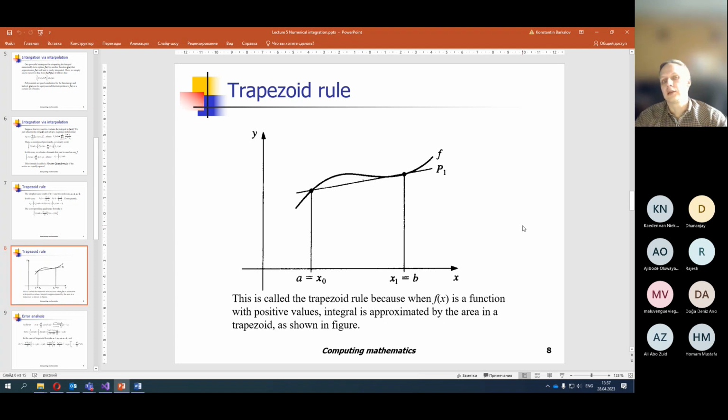Moreover, the area under the line will correspond to the area of a trapezoid. This is the trapezoid, and the area of the trapezoid can be computed as f of a plus f of b times b minus a over 2.